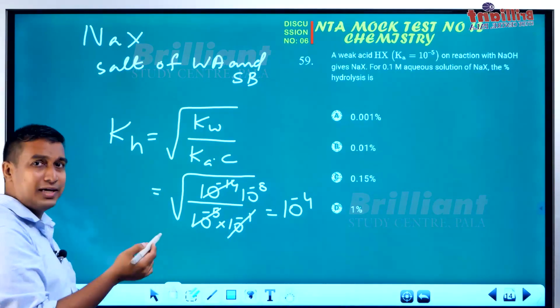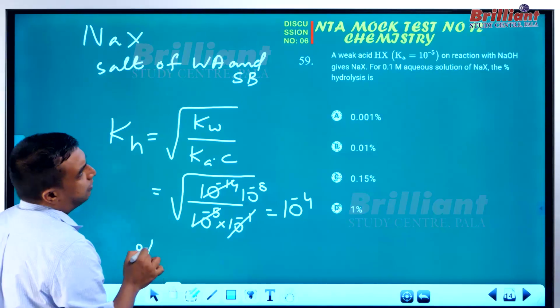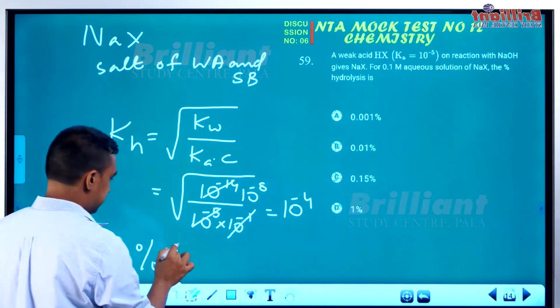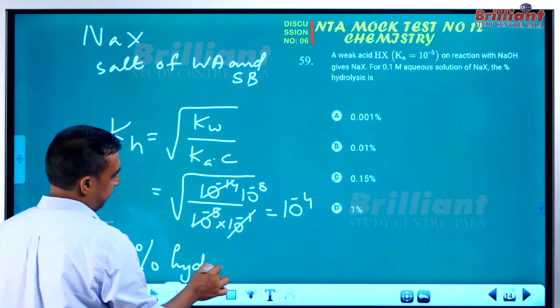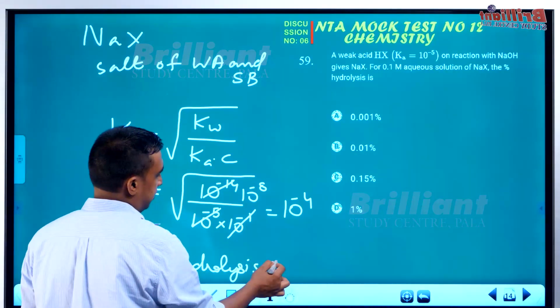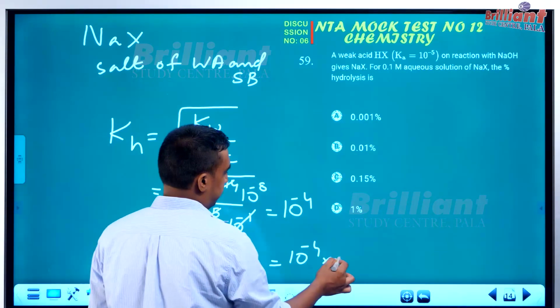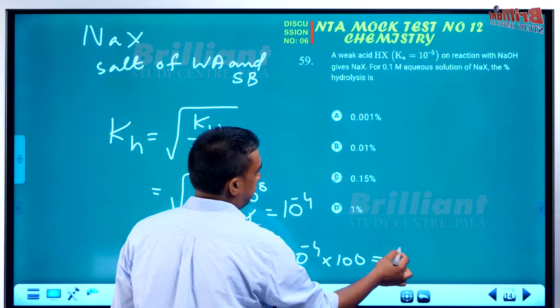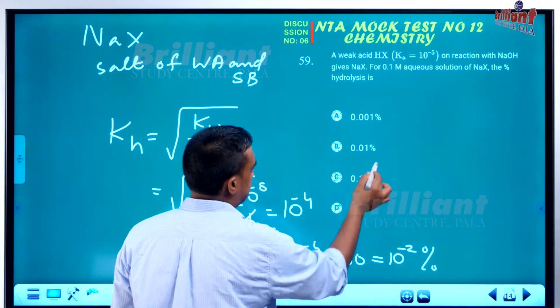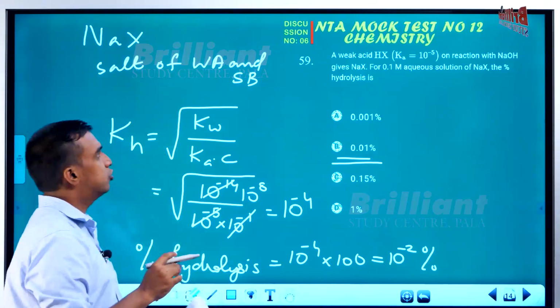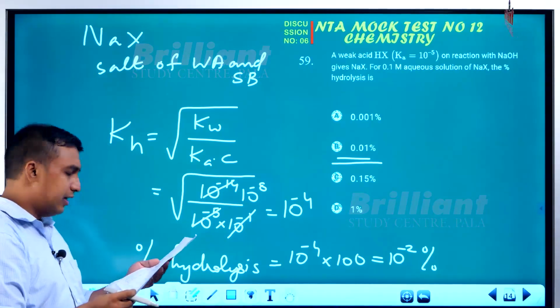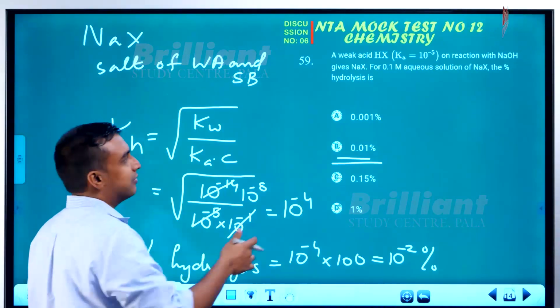But I have to find the percentage of hydrolysis, so I'll have to multiply by 100. This will become 10 power minus 4 into 100, which comes to 10 power minus 2 percent or 0.01 percent. So for question number 59, the answer will come as B.